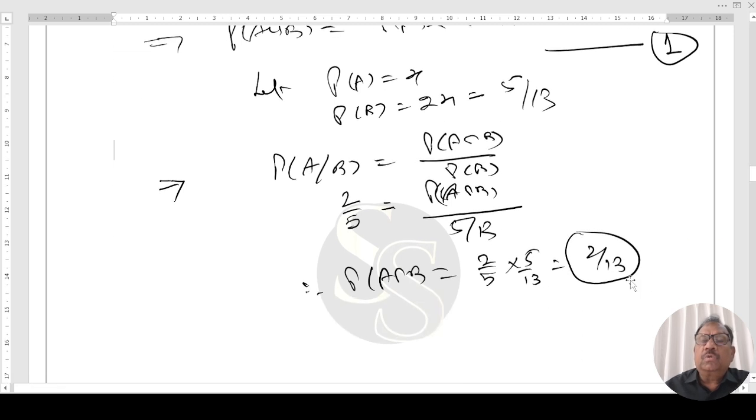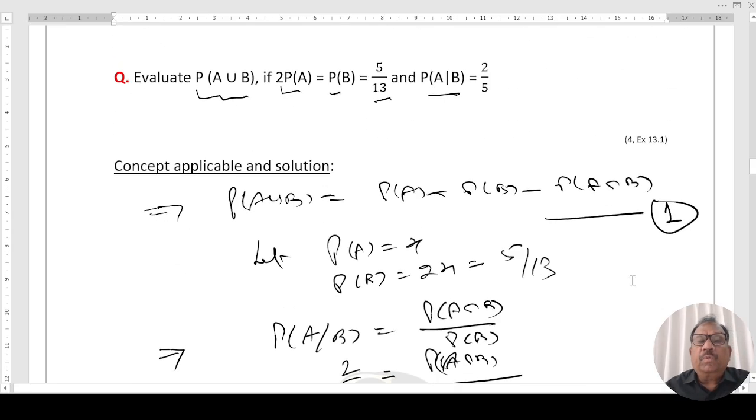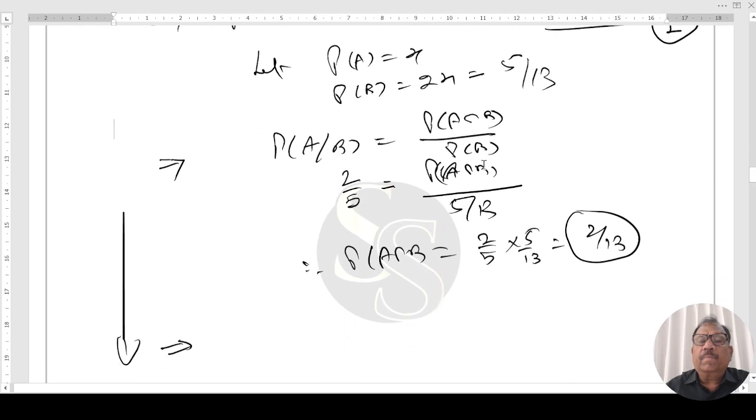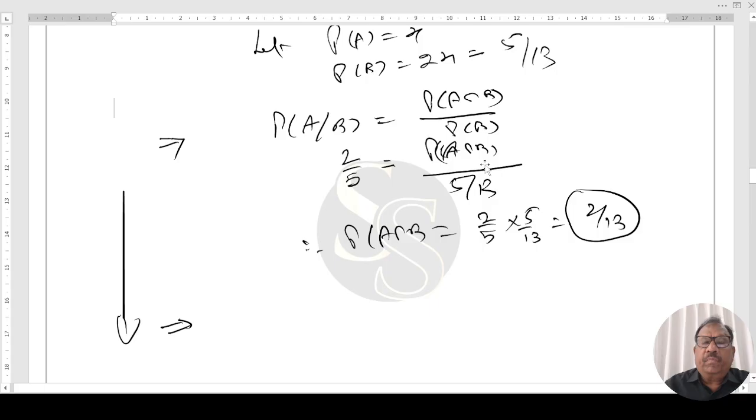Now this is known, this is known. From equation 1, P(B) is 5 by 13. We have to find P(A union B).